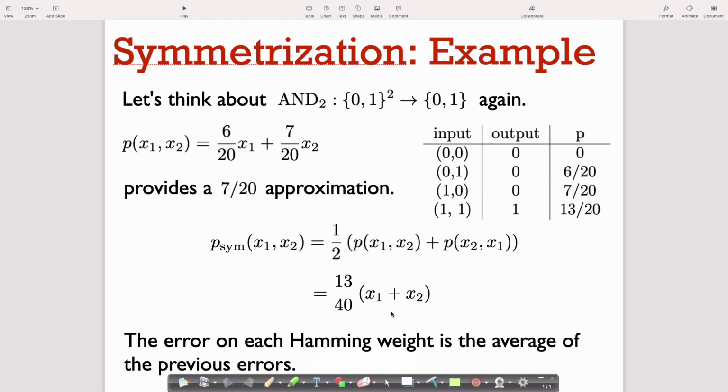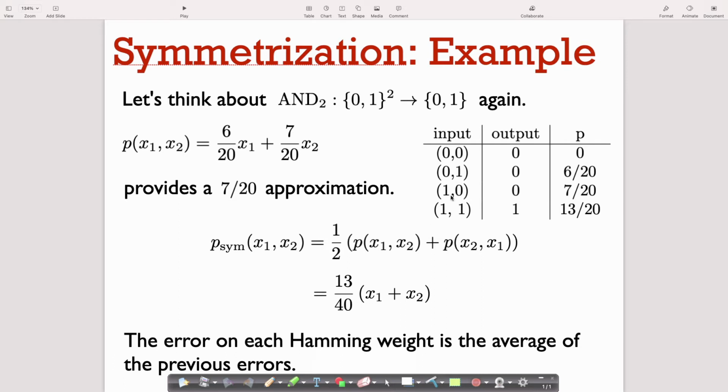So now we have a symmetric polynomial, and it's still a 7 over 20 approximation to f. And actually the error on each Hamming weight is just going to be the average of the previous errors.